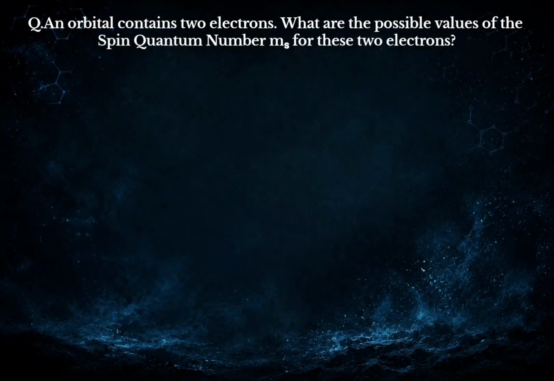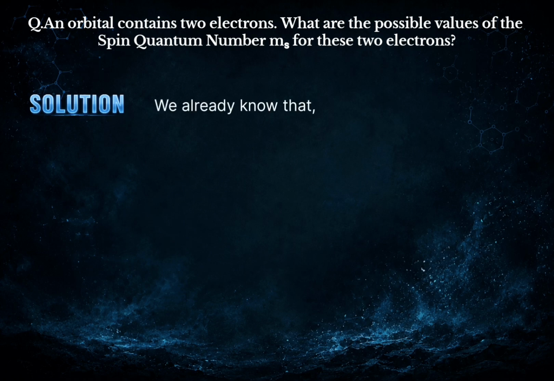Now let's tackle another question. An orbital contains 2 electrons. What are the possible values of the spin quantum number, m sub s, for these two electrons? Solution. We already know that every orbital can hold a maximum of 2 electrons. According to the spin quantum number, one electron has spin up and the other has spin down.